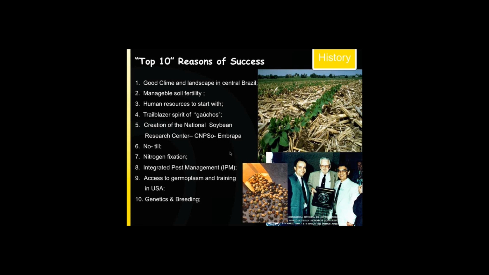Then the research started to come, and nowadays roughly 60% of the soybean grown in Brazil is grown under latitudes smaller than 23 degrees. There are several reasons for this success.